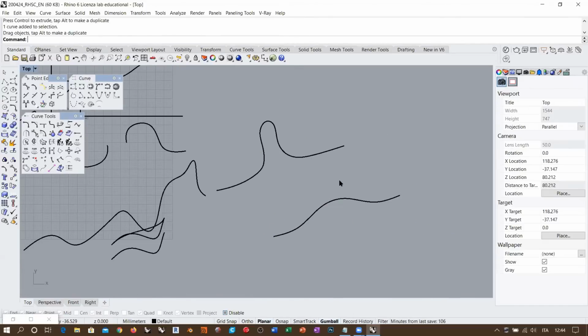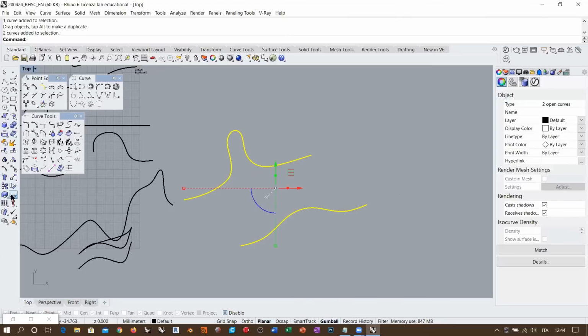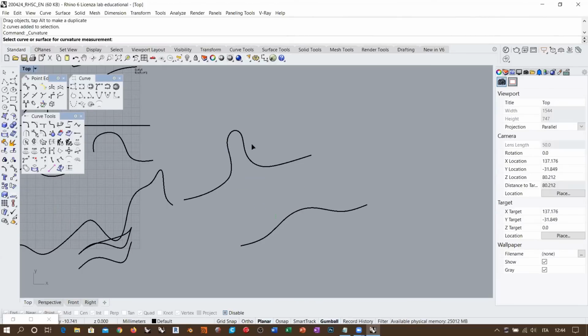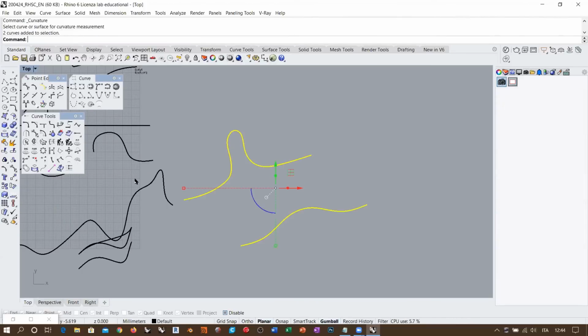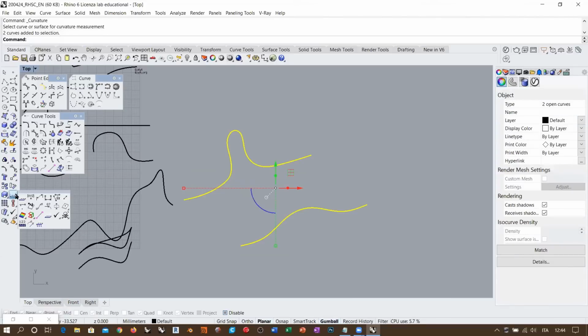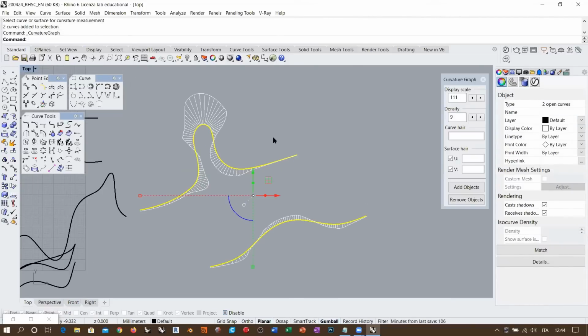Of course, I will do this in Rhino. Sorry, I took the curvature analysis. No, I need the curvature graph. Okay, so in this case, you see that I obtained this kind of amplified version of the graph because I created simply more curvature in this area.